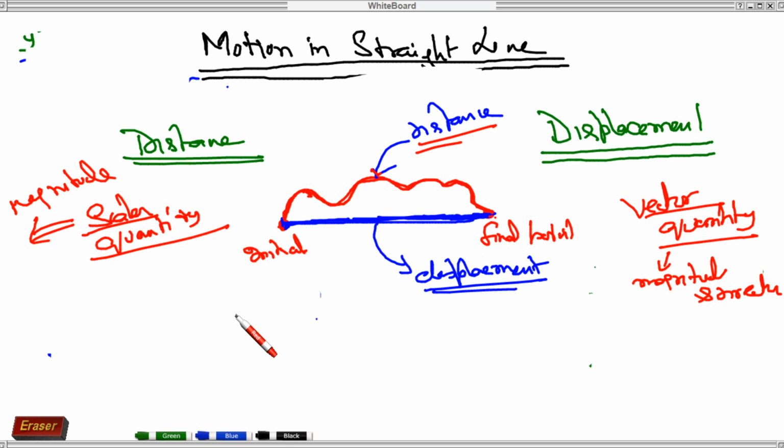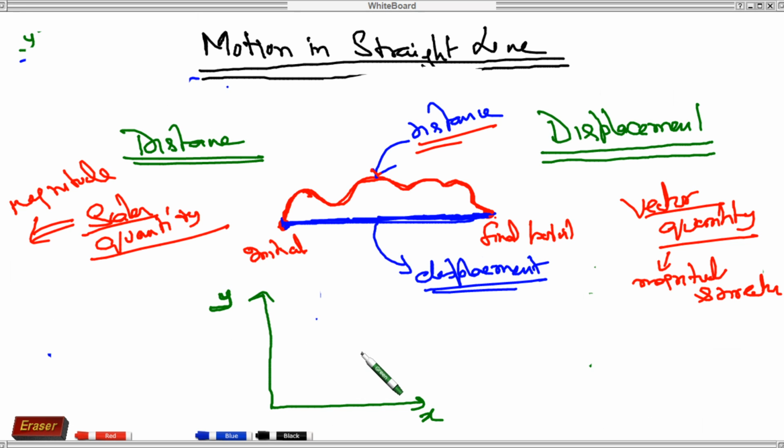So consider something else also. This is our x-axis, this is our y-axis. The initial position, you can say, is this one.